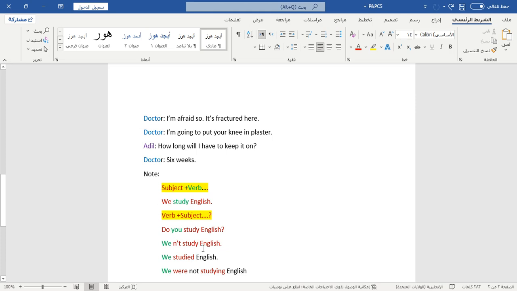That's wrong. We should come with do. So the sentence will be we don't. It's a helping verb with the infinitive verb.